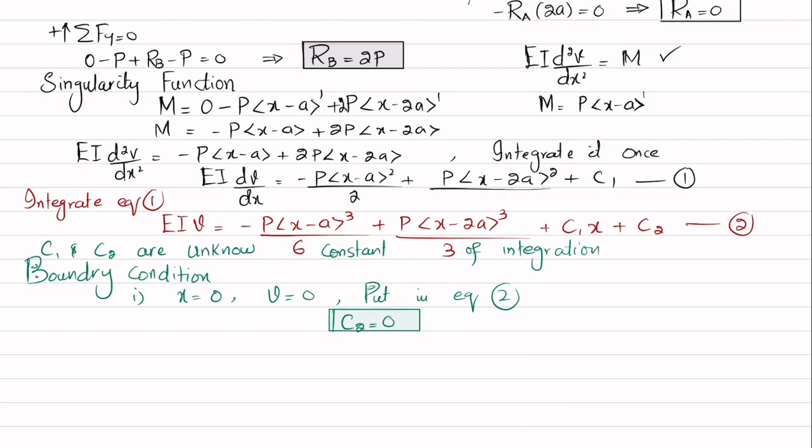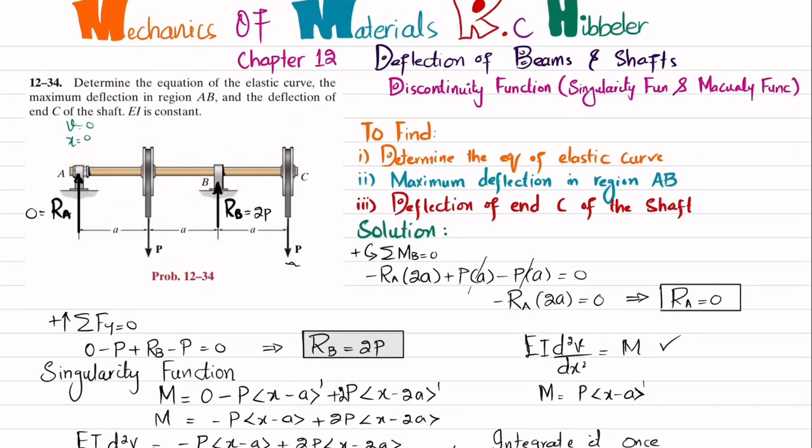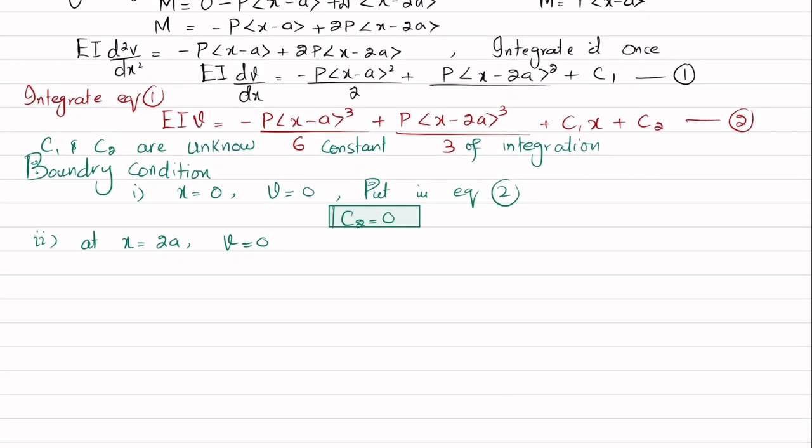We will apply the next boundary condition, which is that at x equal to 2a, the deflection is equal to 0. Let me show you at point B: you can see x is equal to 2a, so the deflection is equal to 0 because this is a support. Clear? So put it in equation number 2.